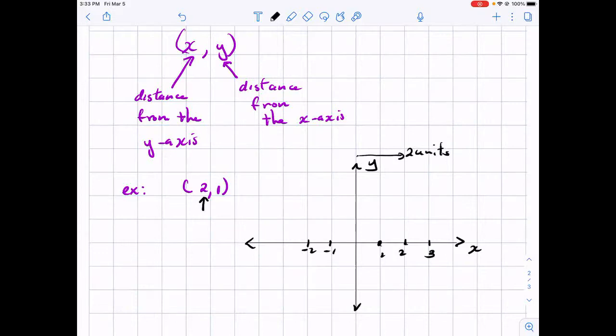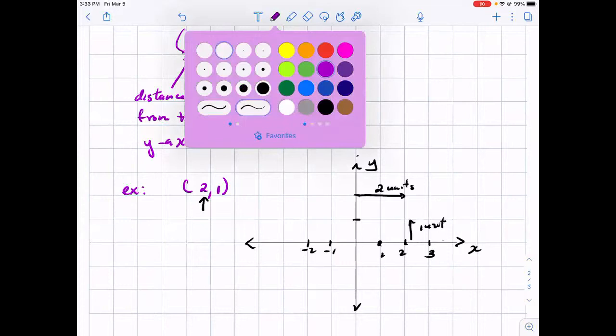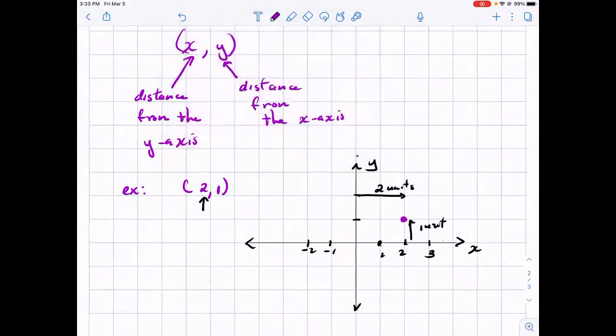And the 1 means from the x-axis, from here, I'm going 1 unit. I'm going 2 units this way, and 1 unit this way. And if you notice, I am going to fall right here, because that's my 1 unit.